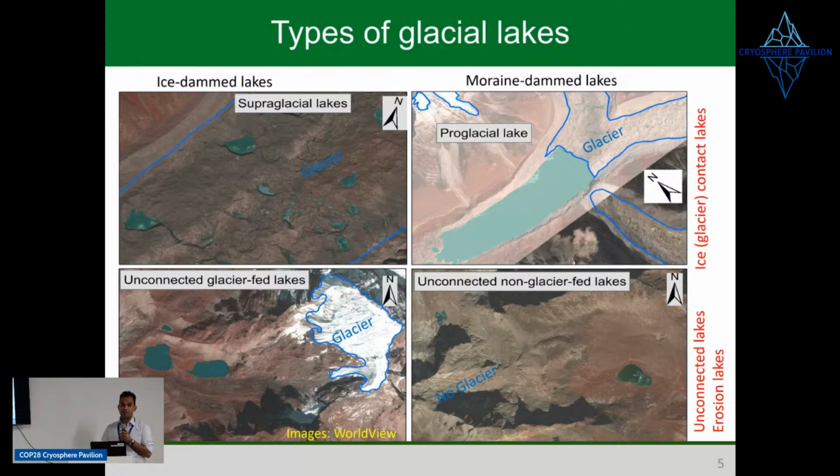But when they have less slope, they are suitable for the formation of glacial lakes, and the number of glacial lakes forming at the terminus of glaciers is increasing. They are larger in size due to the geomorphology of the glacier.